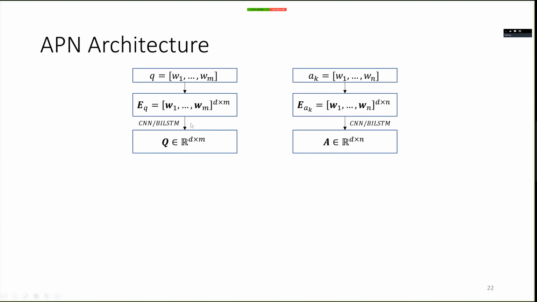For those who know about LSTM, the output matrix of the LSTM has dimension D, which is the hidden size that you set for your LSTM layer, times N or M, which is the input size. So matrix Q is a matrix of D times M, where M is the number of words in the question. This is the question matrix, and the same for answer matrix A.